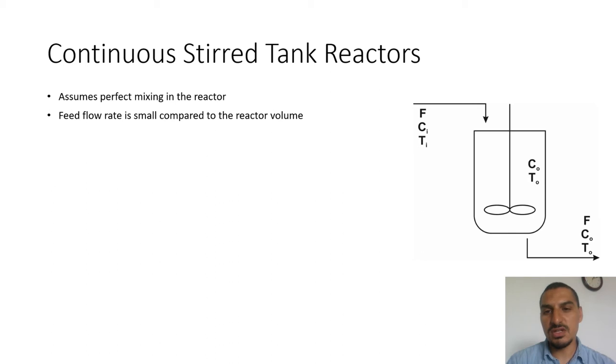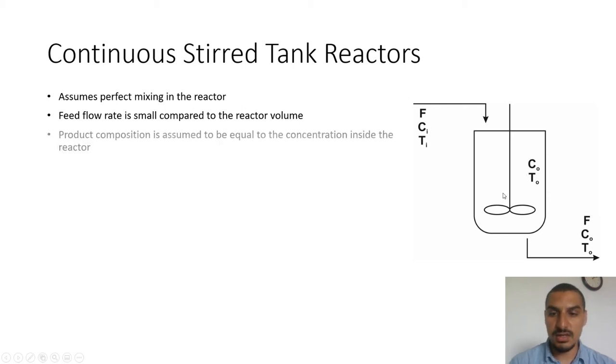The salt concentration of the sea is not going to change because of this cup of water. So I assume that this is small compared to this volume, so the concentration inside is constant, and the feed does not change the concentration and temperature in the reactor. Accordingly, we assume that the product that's coming out has the same concentration as the reactant in the reactor.